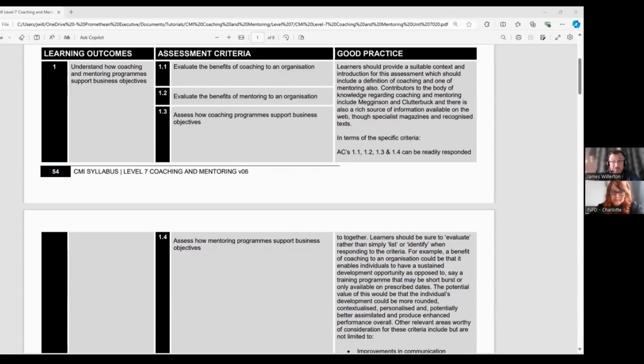I know you've probably done it on your other assignment, or you will have to do it again. But I think that a good definition of coaching and mentoring gives you a foundation to build the entire assignment from. So advice would be to make sure you've got some clarity around those definitions and the distinctions between the practices.